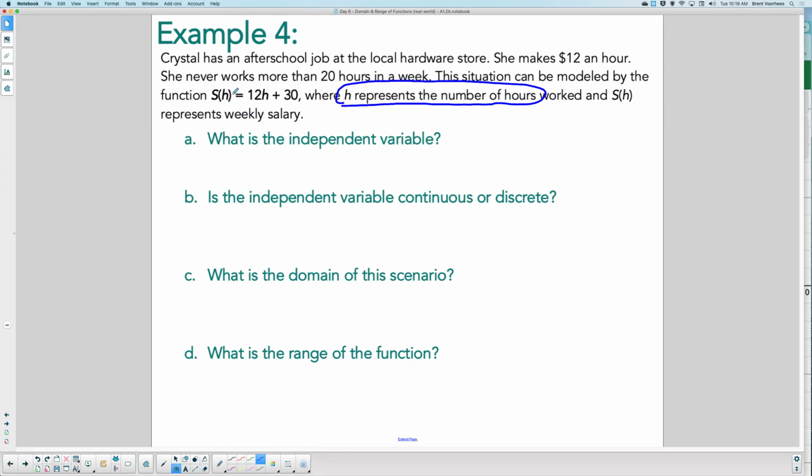What is in place of y? S of h. That's how you'd read that. S of h. Underline that. So on this problem, y would equal s of h. I'm going to put that at the top. Y would equal s of h, like that.